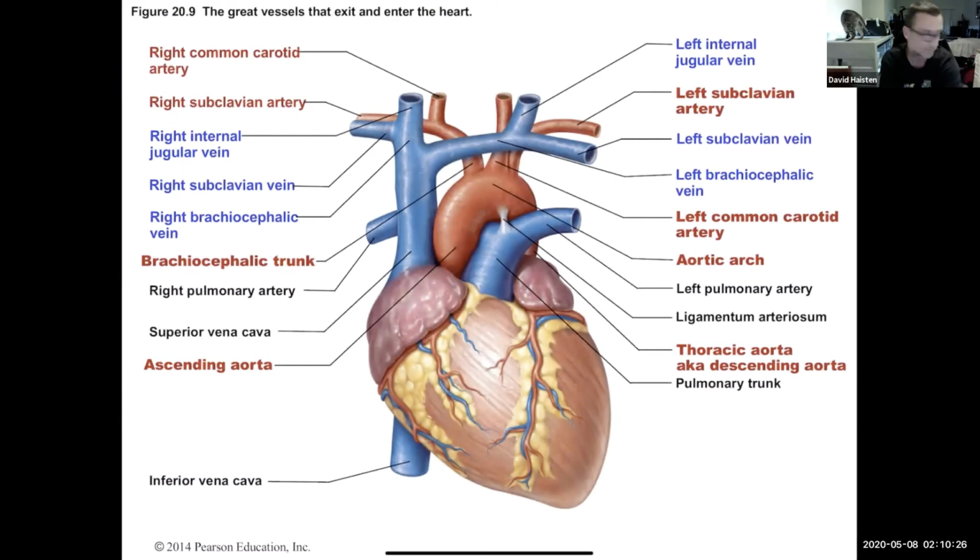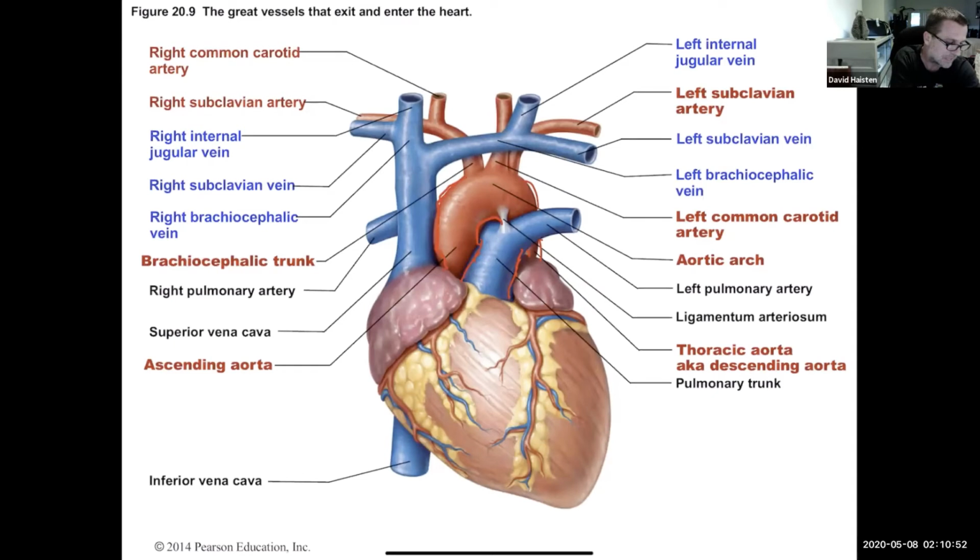Okay, so here you see, here's a pulmonary trunk rising up out of the right ventricle. And then out of the left ventricle, you have the aorta coming up. So where it's rising up is the ascending aorta. And then the aorta arches and sinks back down behind the heart and heads on through the diaphragm.